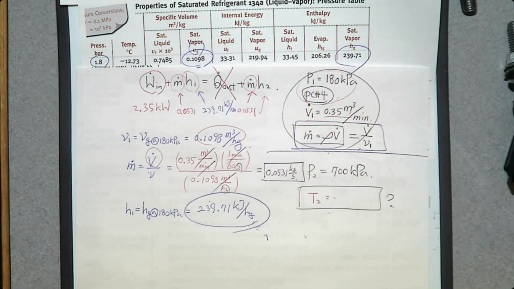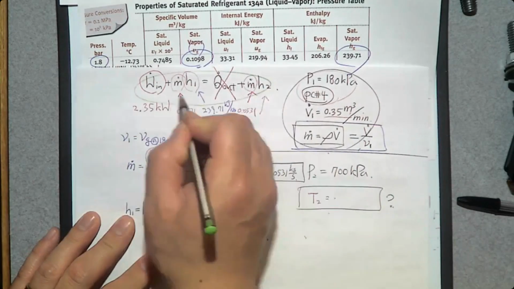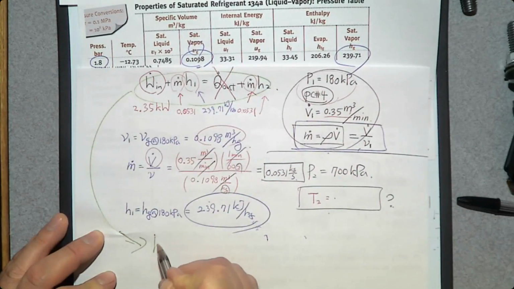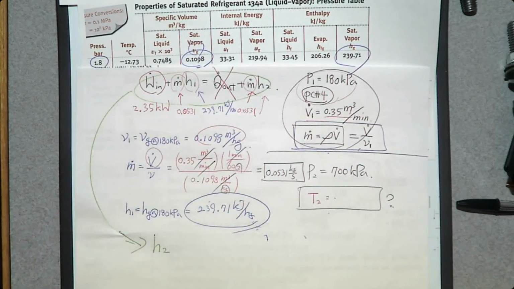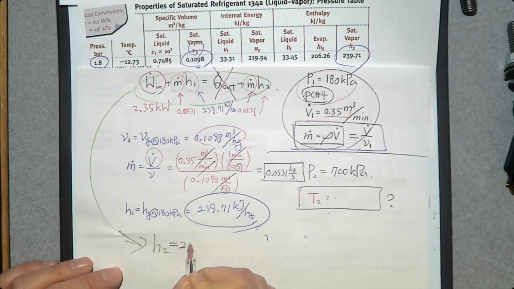Can you determine H2 from this energy balance equation? Yes, you can. So from this, we can determine H2. That H2 is 283.97 kilojoule per kilogram.